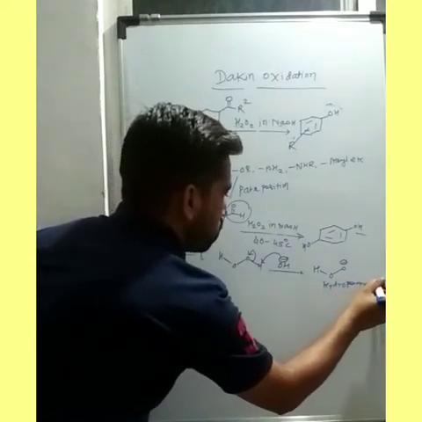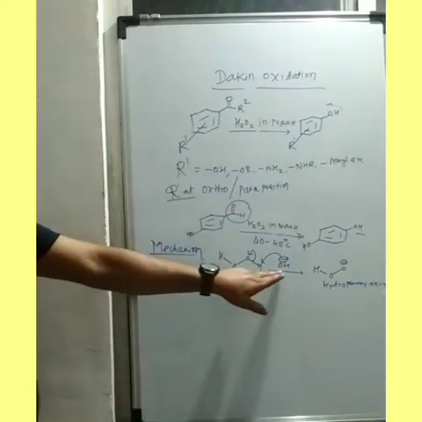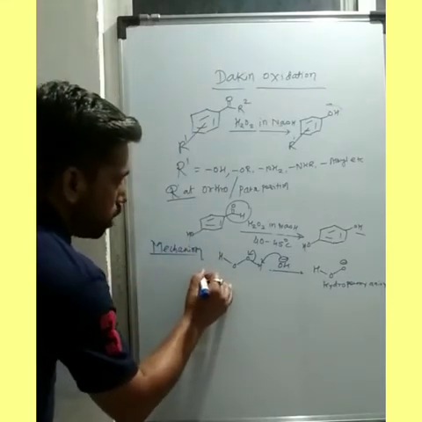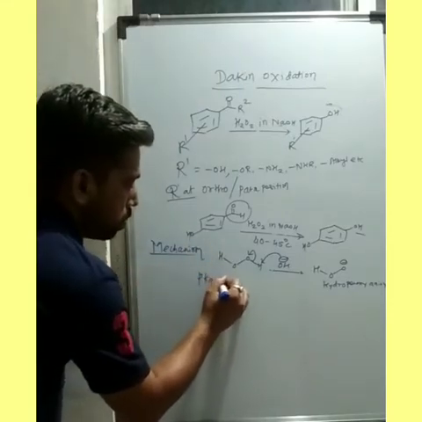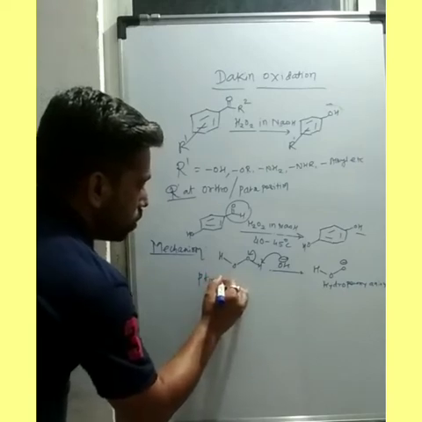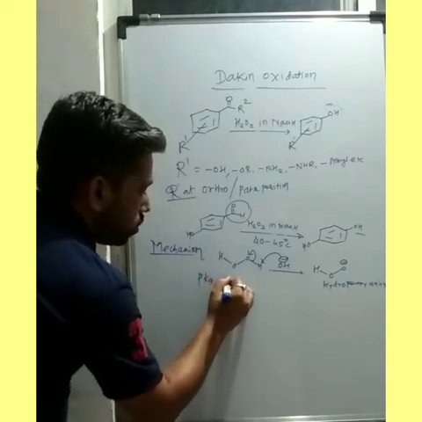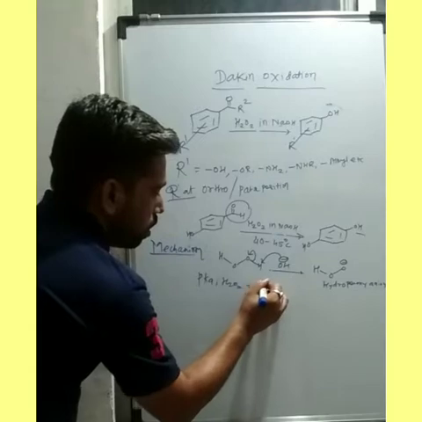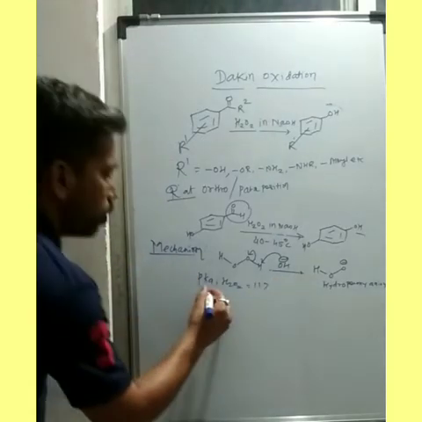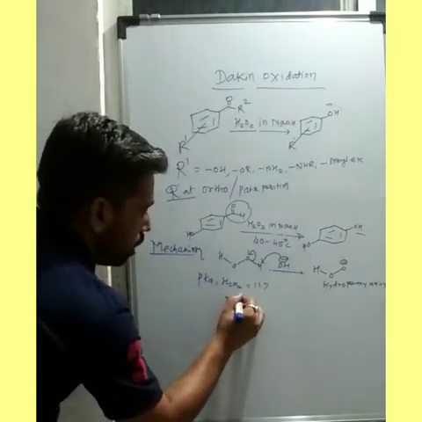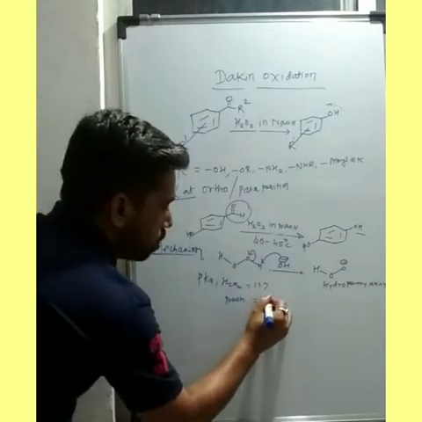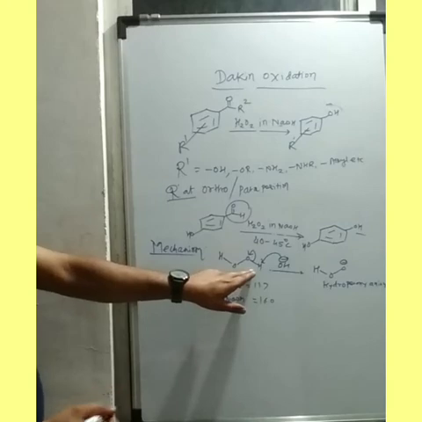Now, why does OH minus abstract this proton? Because the pK of hydrogen peroxide is 11.7 and the pK for the NaOH, the sodium hydroxide, is 16.0. So it is basic enough to abstract this proton.